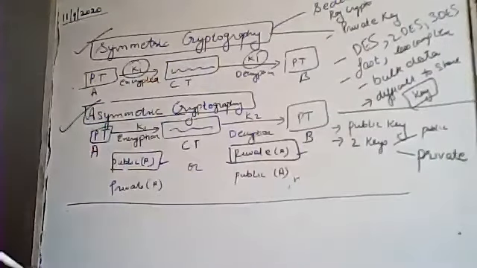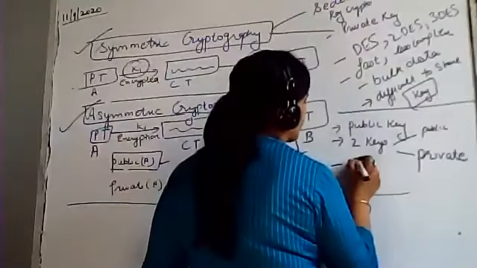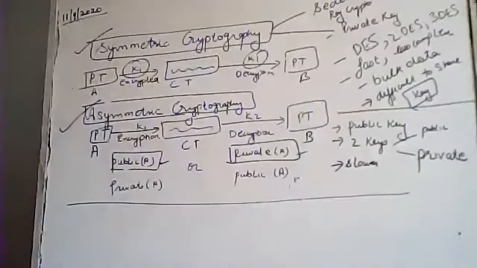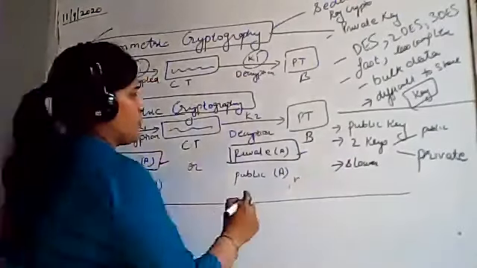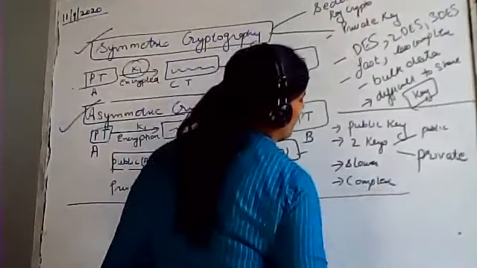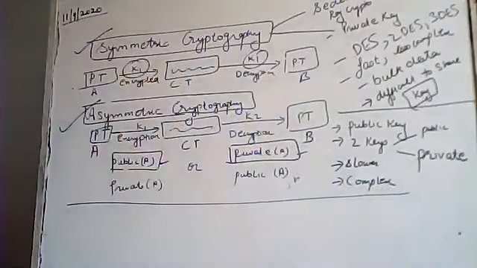This type of method is somewhat slower compared to symmetric cryptography. With the help of an algorithm, we will see how this is slower. It is also quite complex because we are using different sets of keys, so this process is a little more complex compared to symmetric key cryptography.